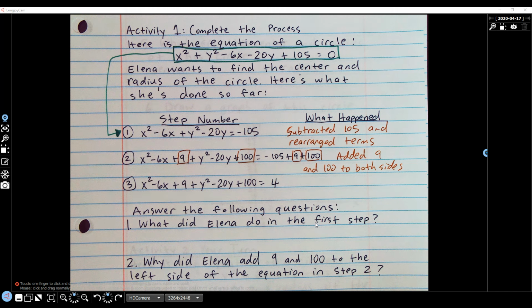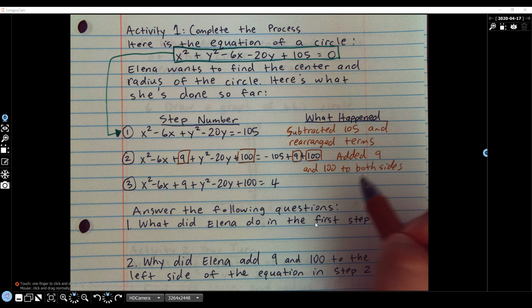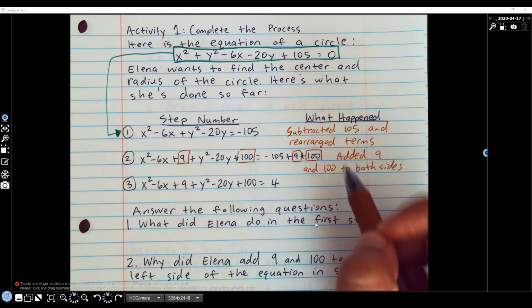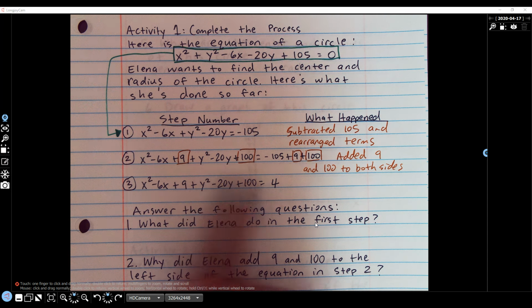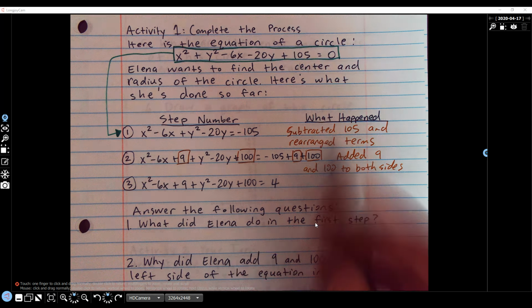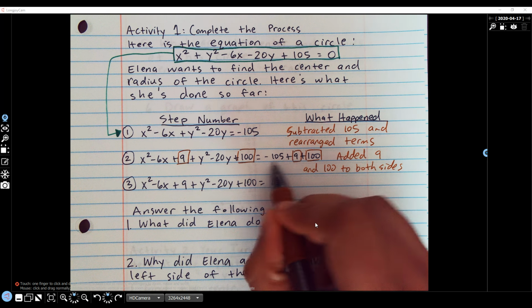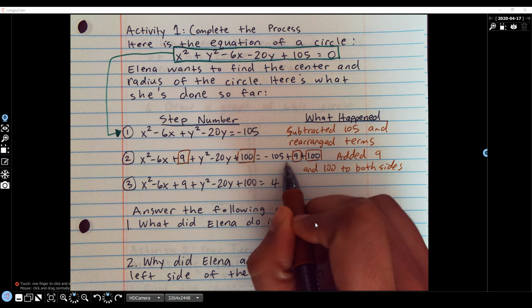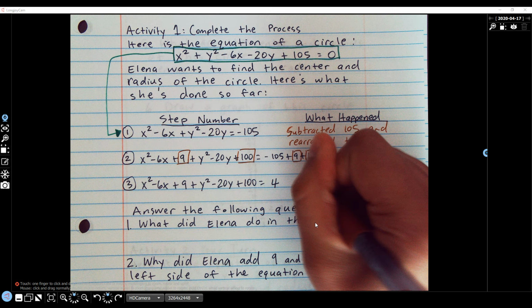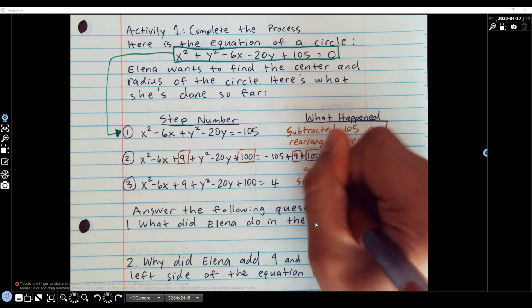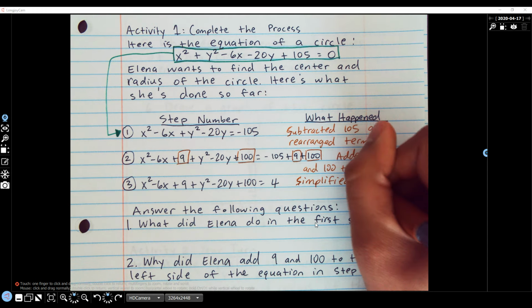Again, just an observation of step 2. In step 3, we see that the left side of the equation has remained the same, but now the right side of the equation has become 4. If we take negative 105 and then add 9 and then add 100 to it, that will simplify to 4. So we'll say she simplified the right side of the equation.